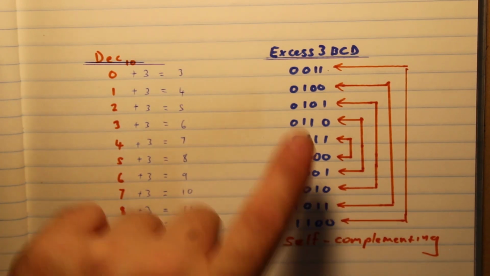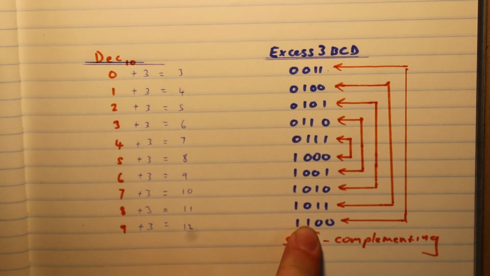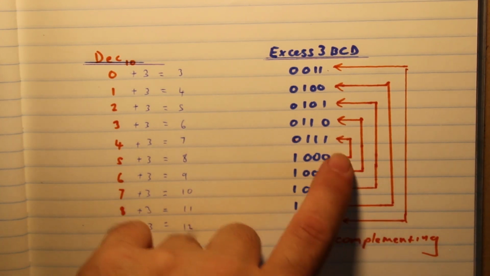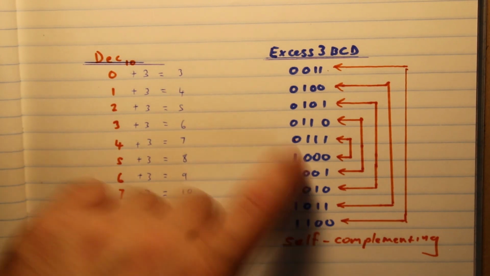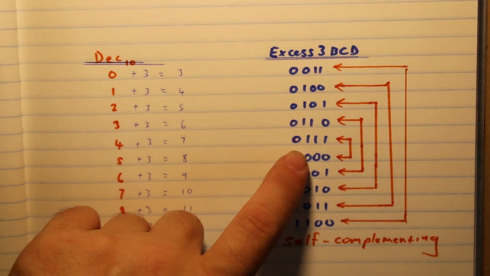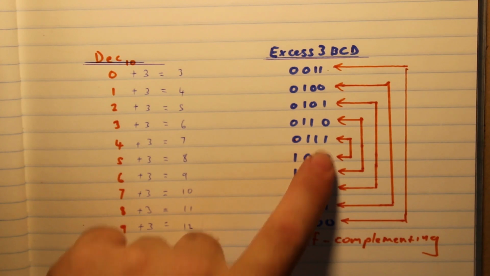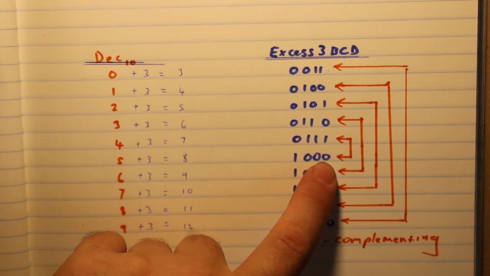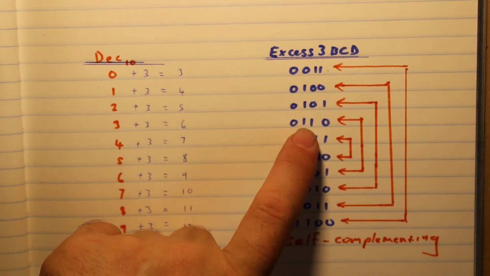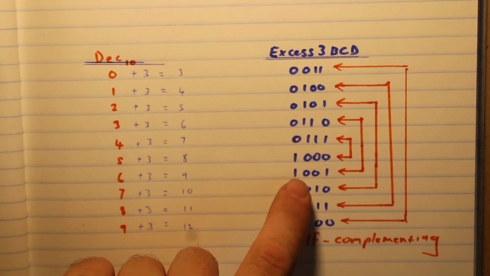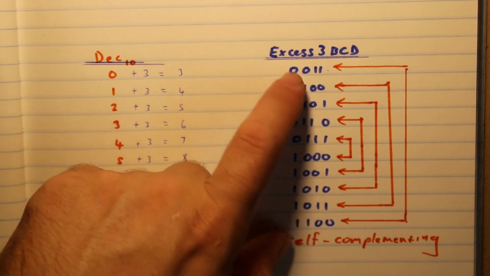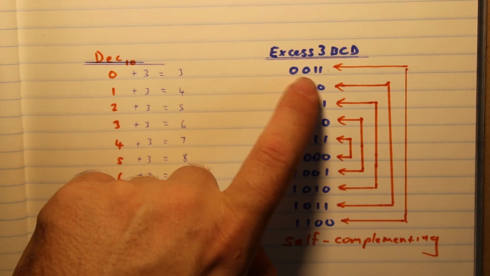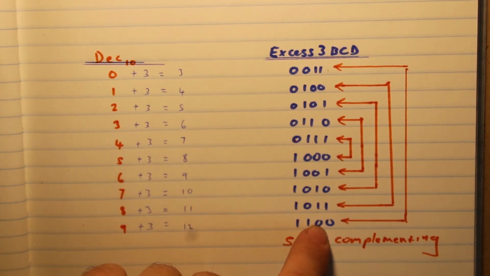All right, so I just want to show you this last thing. You can see this code is also self-complementing. So you can see the two numbers in the middle here, 0, 1, 1, 1, and 1, 0, 0, 0. And as you go out, it's 0, 1, 1, 0, and 1, 0, 0, 1. And the last two, it's 0, 0, 1, 1, and 1, 1, 0, 0.